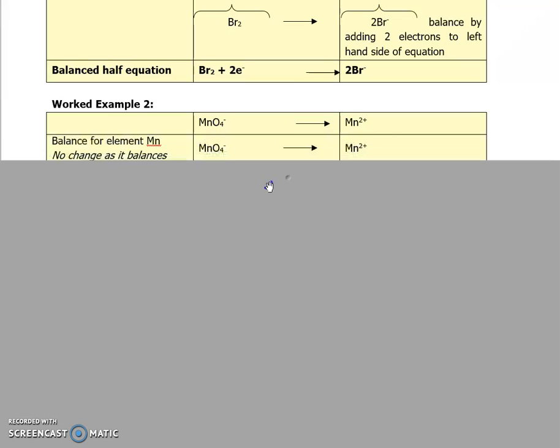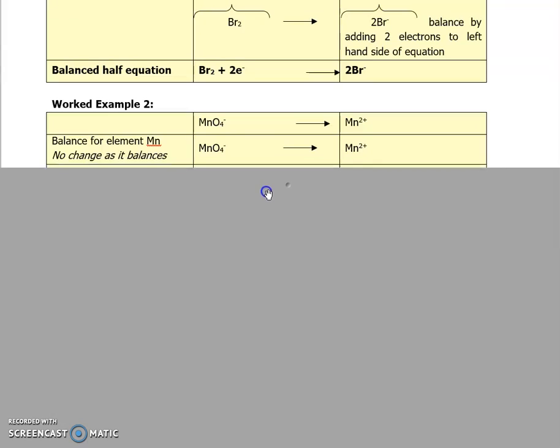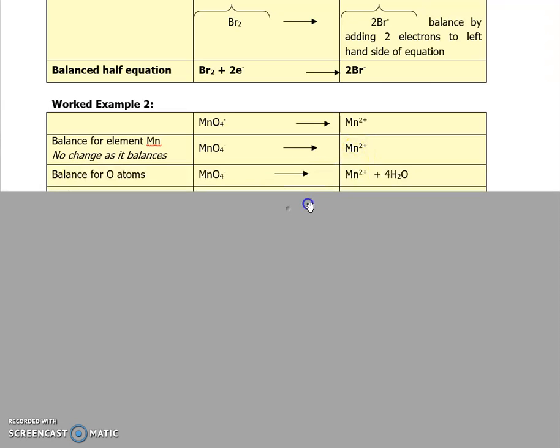So, first of all, let's balance for atoms. We've got 1 manganese on the left hand side, 1 manganese on the right hand side, so it's balanced. The next thing is to balance for the oxygen atoms. Now we've got 4 oxygens on the left hand side, but here we've got no oxygen atoms. So we balance it by using 4 water molecules.